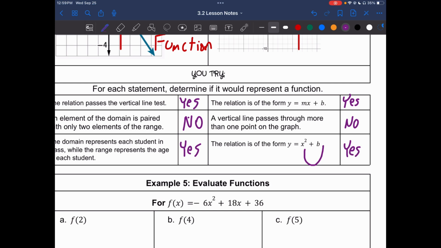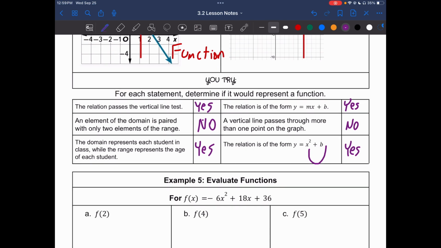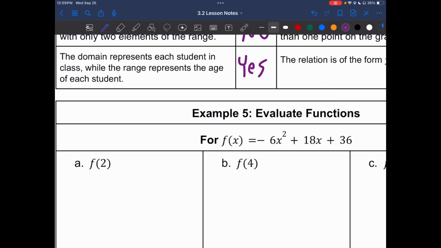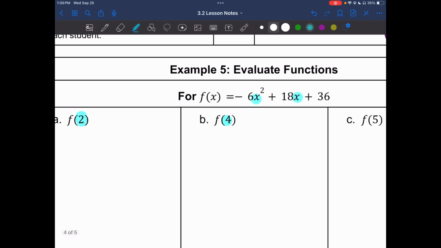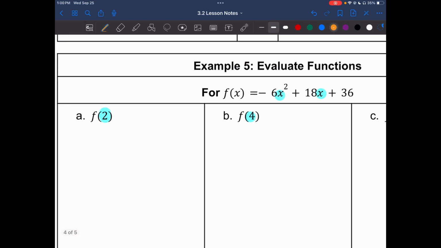Now we're going to go on to our next page, which is evaluating functions. So when I evaluate a function in function notation, I am taking this value and I am substituting it for x in the equation. Okay, so we're going to do this.